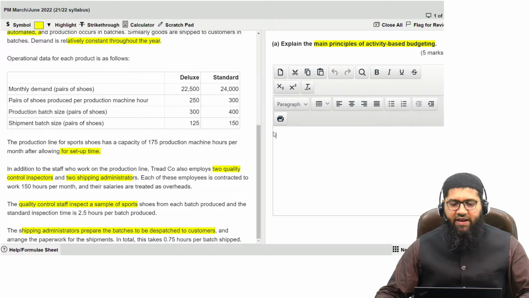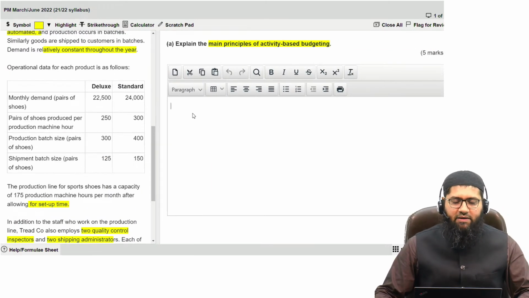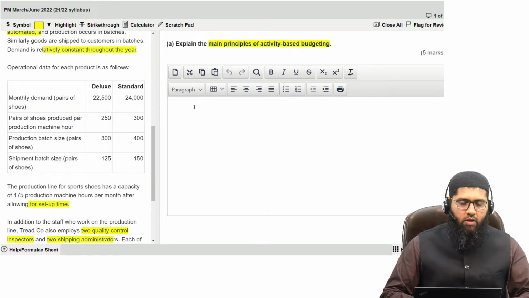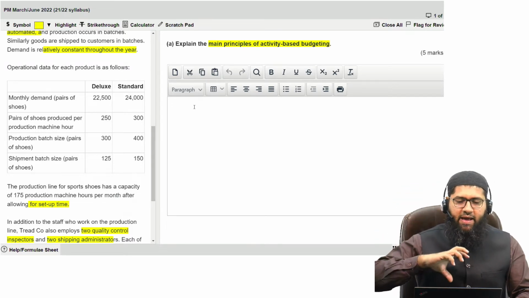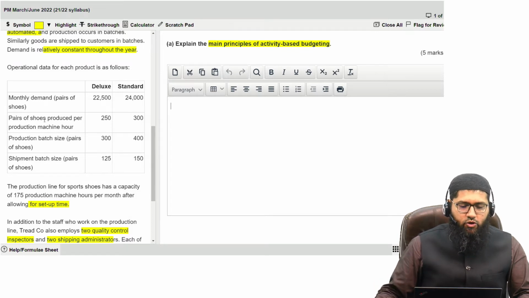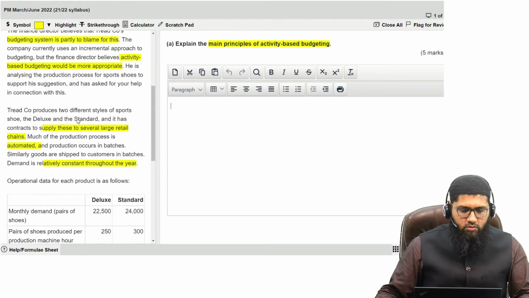Now, the question says: explain the main principles of the activity-based budgeting system. So what are the main principles? Let me just guide you through. I'm going to write down a few pointers and relate them to this specific company.